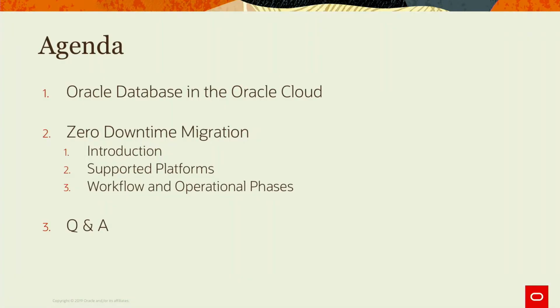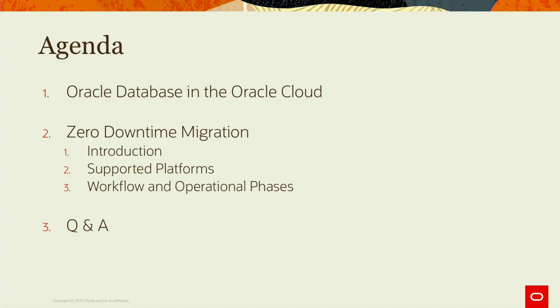Now, the agenda for today. We're going to see just really briefly the database cloud services in the Oracle Cloud. I won't discuss too much because we saw them yesterday, and this is available information publicly.